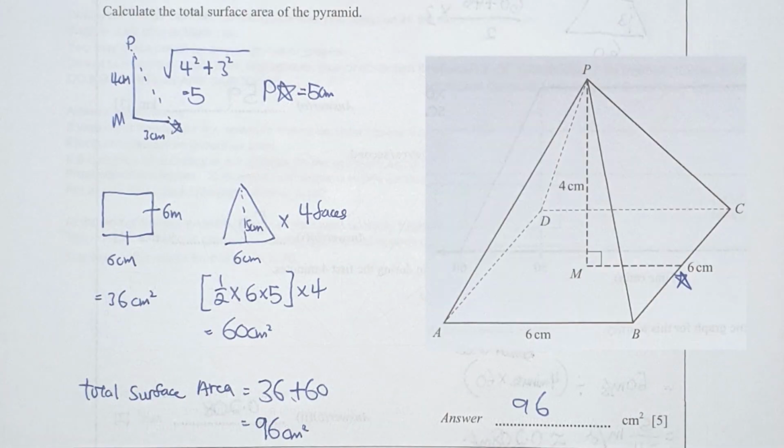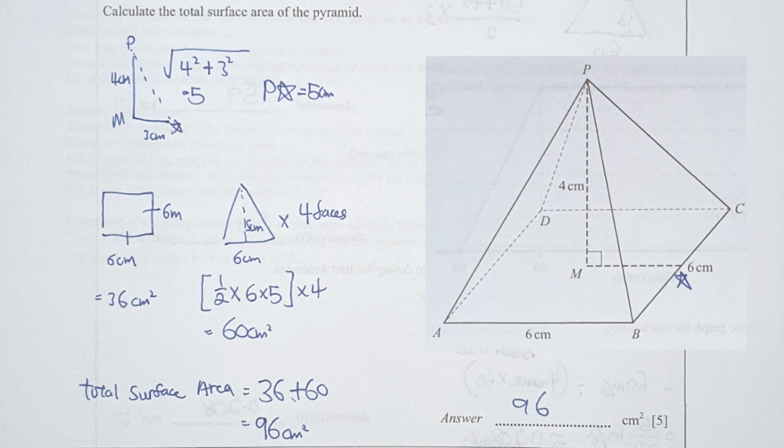Question 21. So things that I did was to identify P star's value using the Pythagoras theorem. Okay, so square root of 4 square plus 3 square equals to 5. This will get you P star's value. As for the base, okay, since it is a square base pyramid, so out of it is 6.